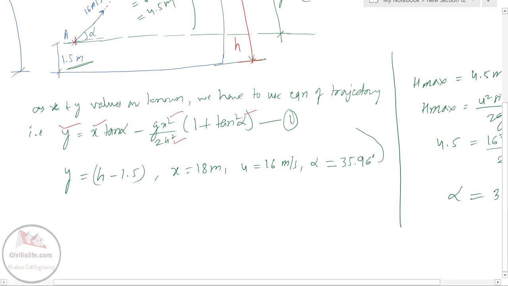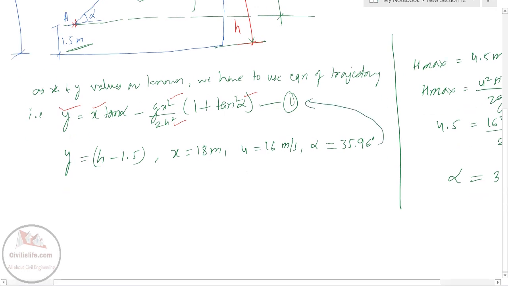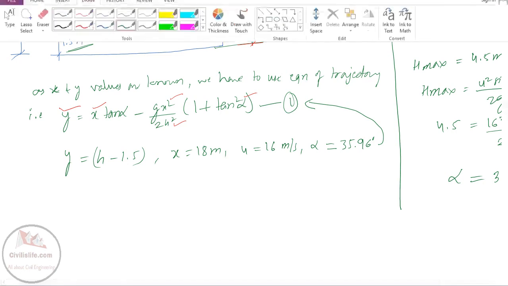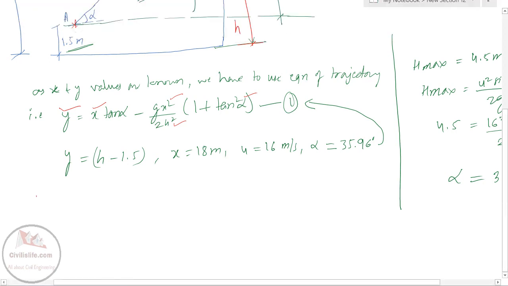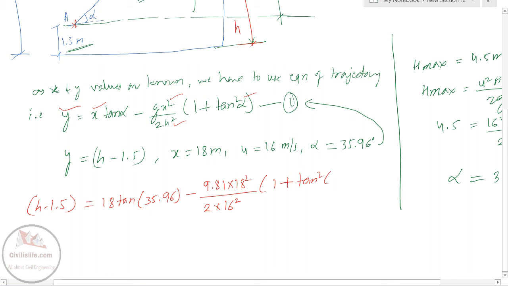Now substituting all these values in this equation, it becomes h minus 1.5 is equal to 18 tan 35.96 minus 9.81 multiplied with 18 square upon 2 into 16 square, into 1 plus tan square 35.96.